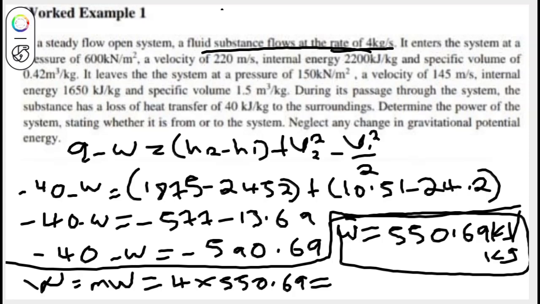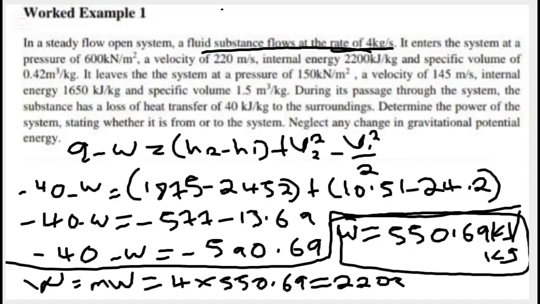So it will now be 2202.76. So I can approximately say 2203, because this 7 will add 1 to here, so I'll get 3.